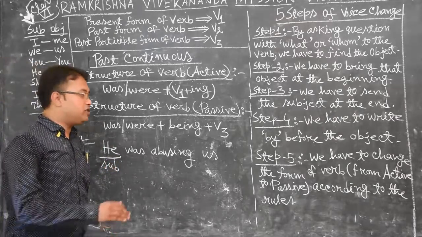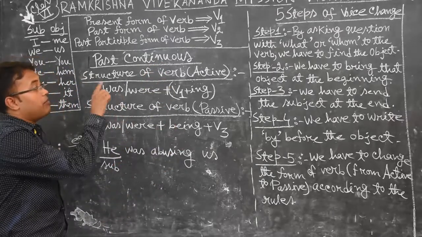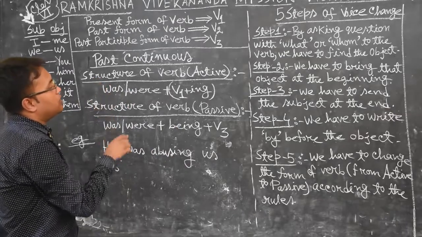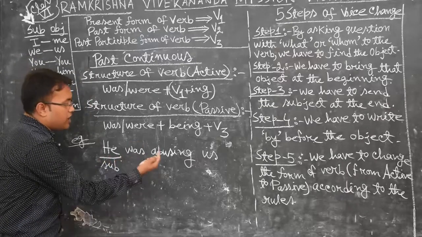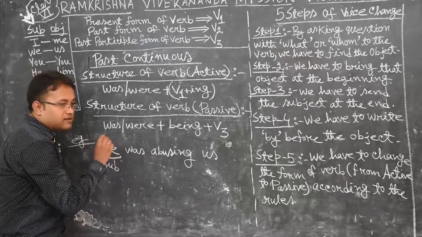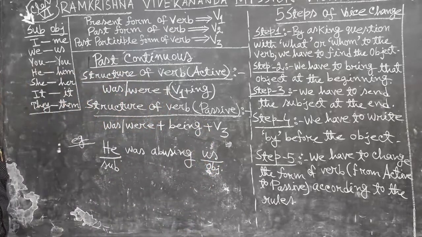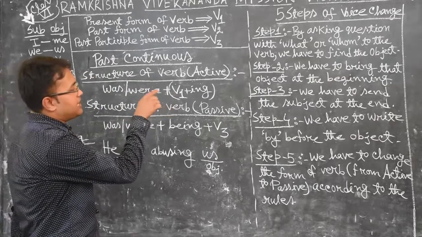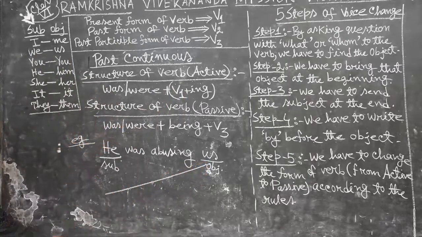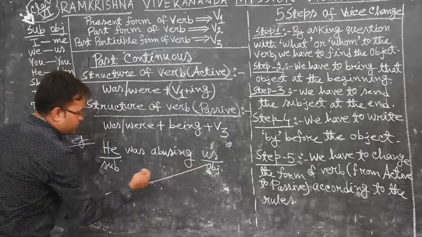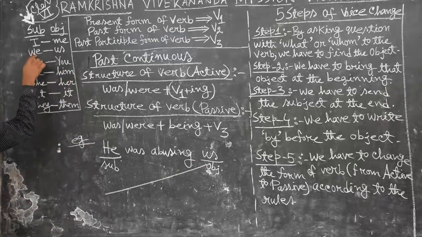Then we will do this voice change according to the steps. Step 1, by asking question with what or whom to the verb, we have to find the object. He was abusing whom? Answer is us. So us is object here. Step 2, we have to bring that object at the beginning. When the object will be converted into subject, us will be we.